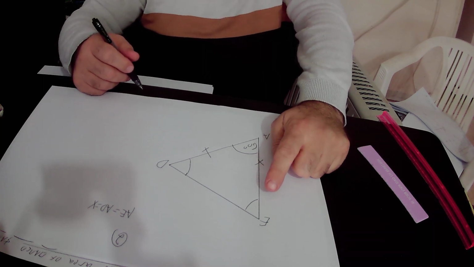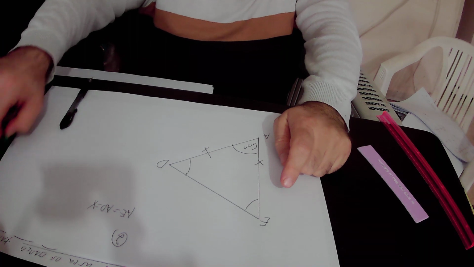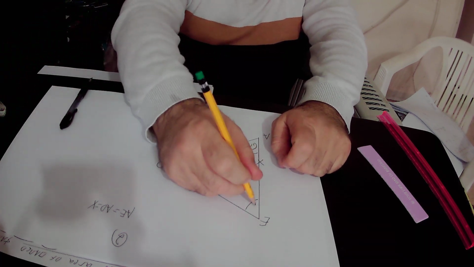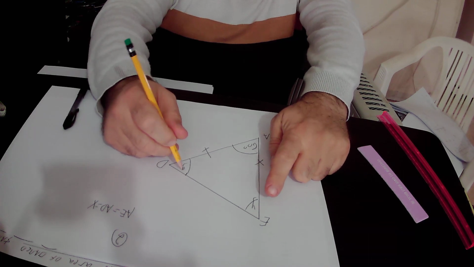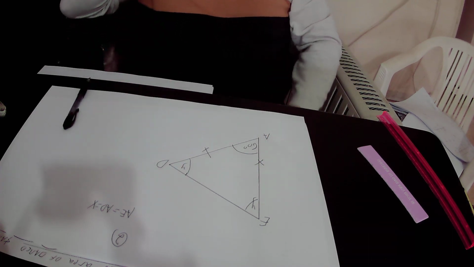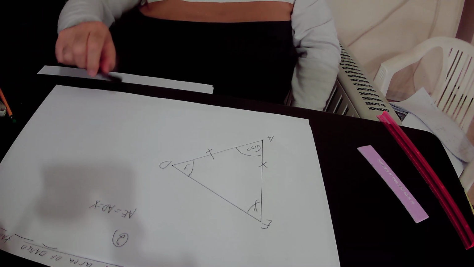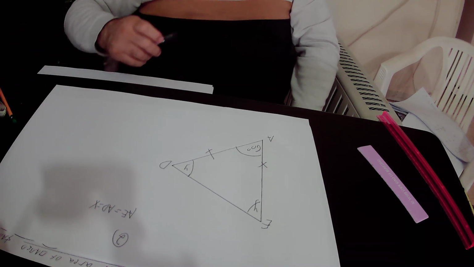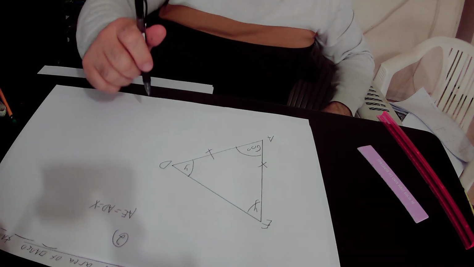So if we define angle AED, this angle, as y, then this angle must also be equal to y because they are equal to each other. And we know that the sum of the angles in any triangle in the world is equal to 180 degrees.